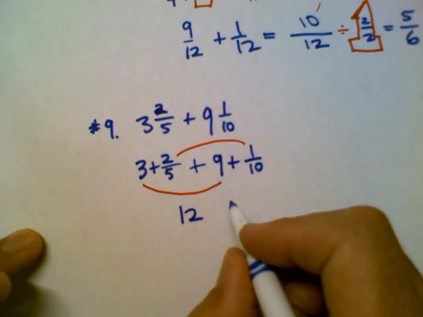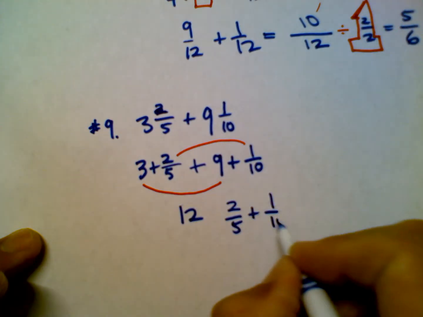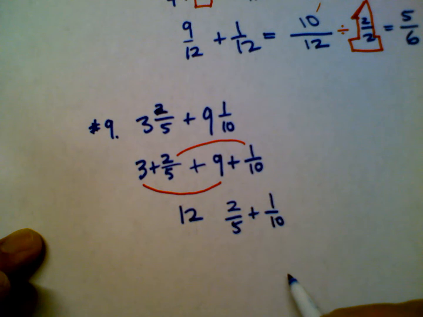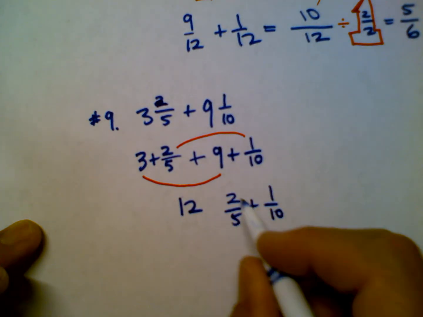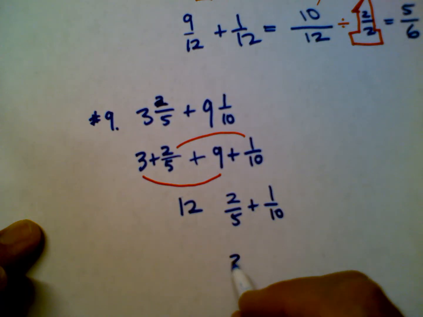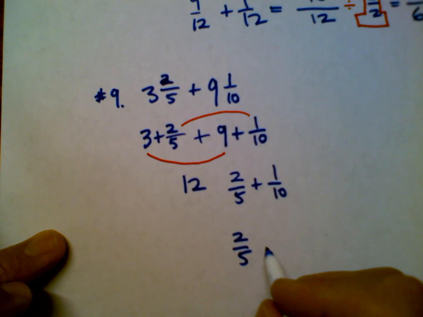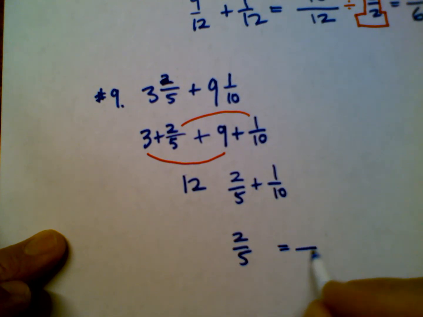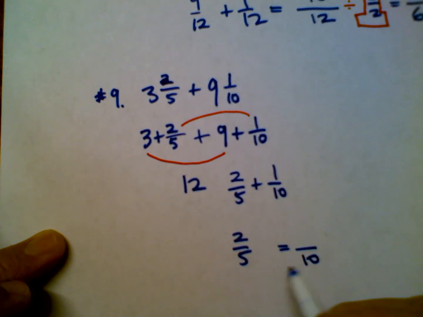And the fractions now, I have 2/5 plus 1/10. And again, here we are in another situation where I need a common denominator to add those. So I'm going to go ahead and add these fractions by getting a common denominator. That 2/5 needs to convert to have a denominator of 10 because I already have a 1/10 and 5 goes into 10.